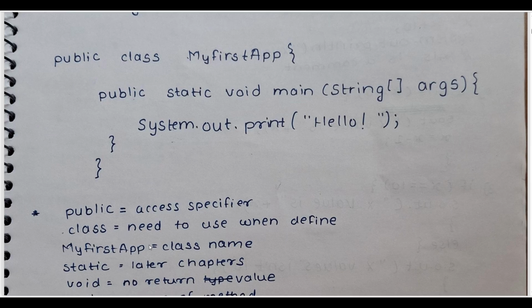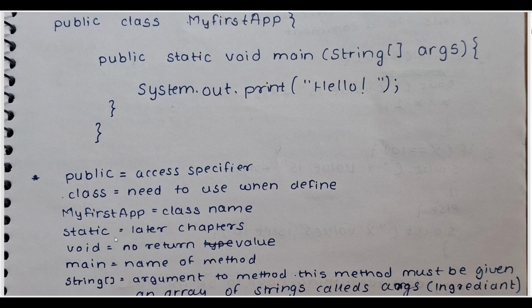MyFirstApp is just a class name. Static, we'll learn this static meaning in further videos. Now you will not understand this. Now void means empty. But here in the code, void means it has no return type or value.